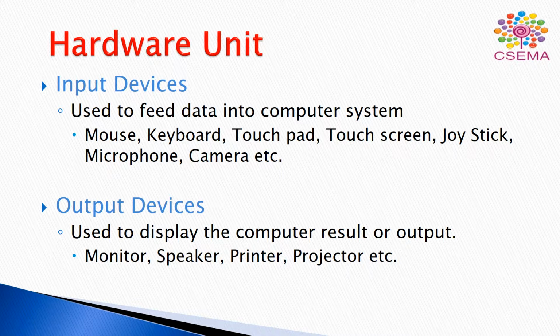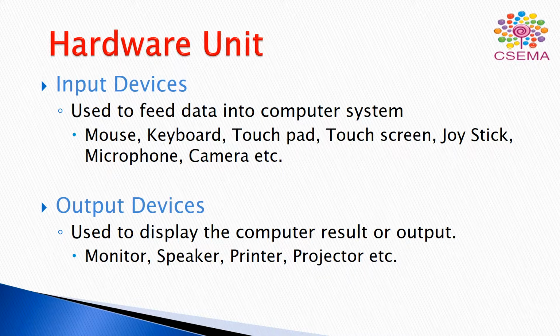And a camera is an input device that is used to take images, record videos and more. Many devices are used as input devices. The second important common device type is output devices.